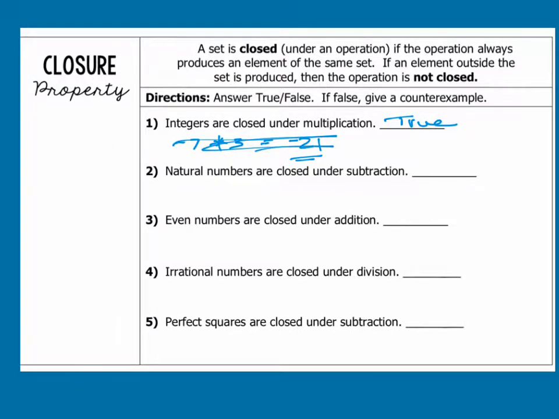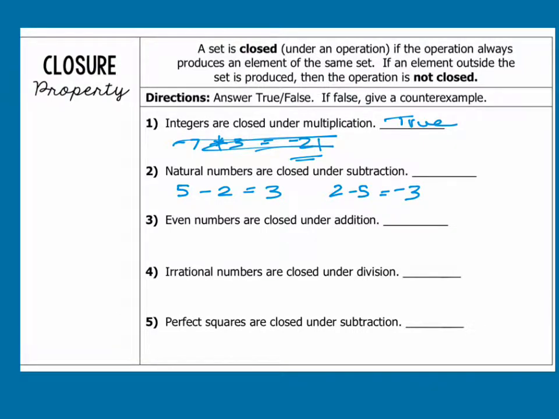Now, are natural numbers closed under subtraction? If I have 5 minus 2, that's equal to 3, right? That is true, I still get a natural number. But subtraction's funny because you can get negative numbers. So if I do 2 minus 5, those are both natural numbers, but now I got an integer, not a natural number.